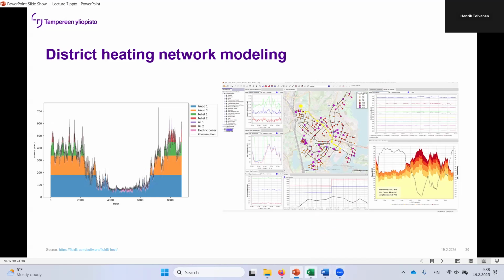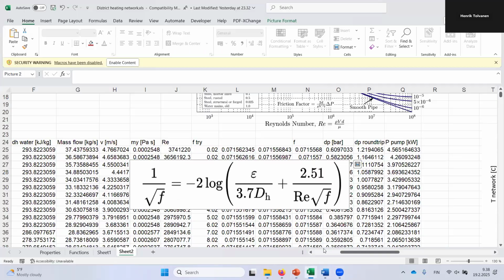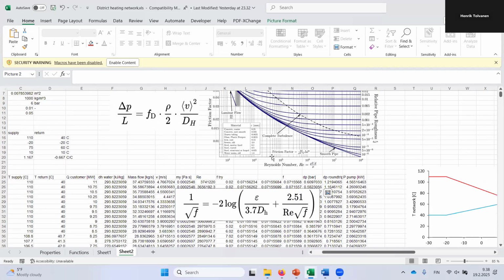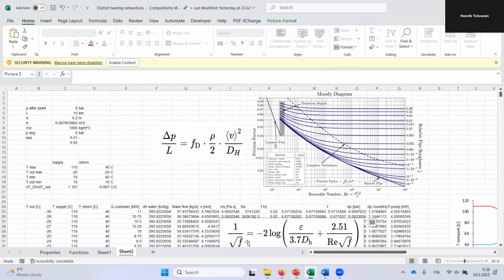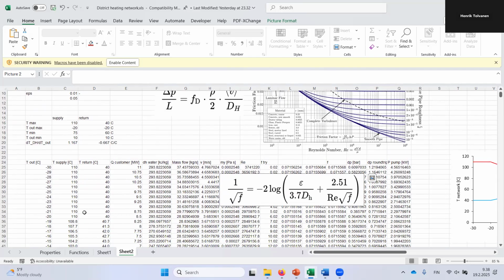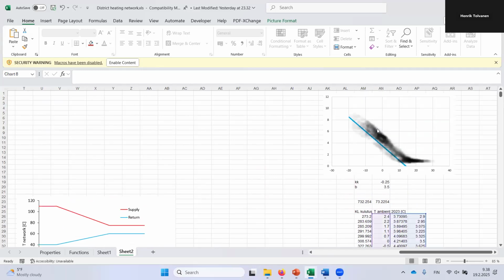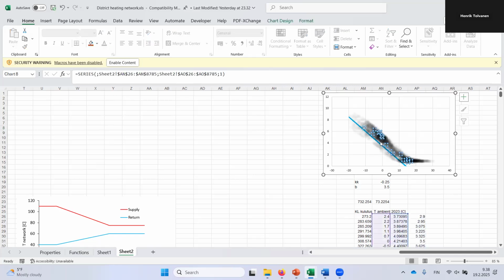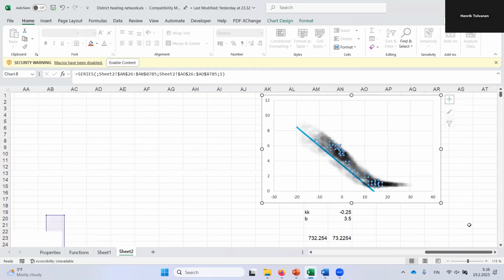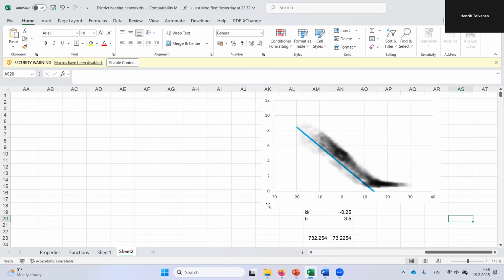But related to these pumping calculations, what we are going to go through in the exercises is, actually, what I did in here is I utilized the same data that we used in the district heating network system. So this is a familiar figure for you, I guess.